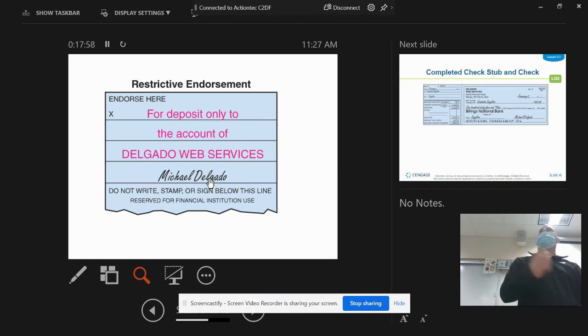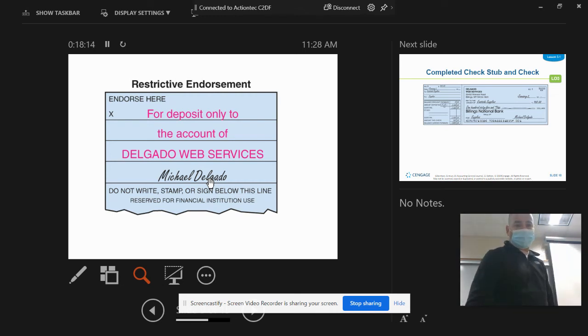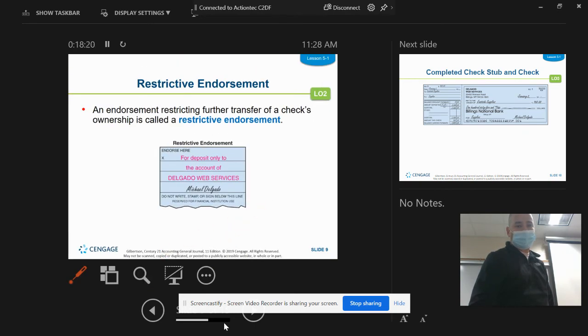Stamp, stamp, one to the next. It just saves a lot of time than if you had to write this out every time, for deposit only to the account of Delgado Web Services, Michael Delgado, right? Takes a little longer. Okay, so here's an example of what a check and check stub look like completely filled out.